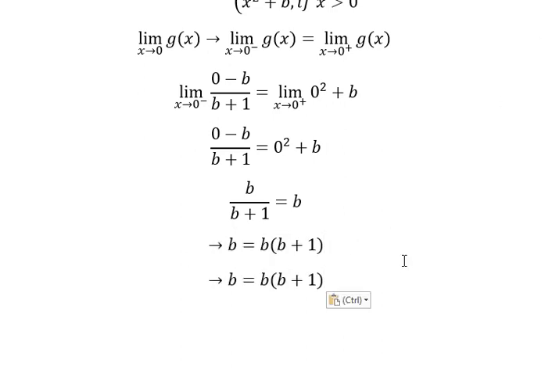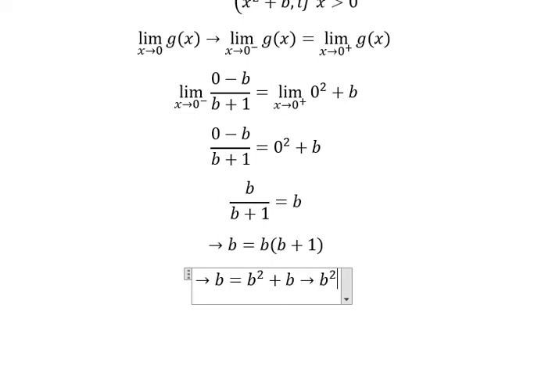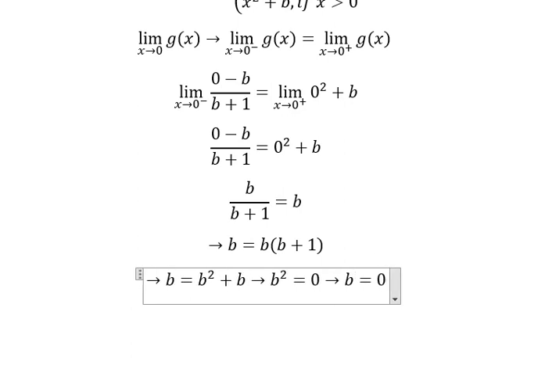Now we have b squared plus b. So we have b and b, we cancel. And we just have only b squared equals 0, and b equals 0 in here.